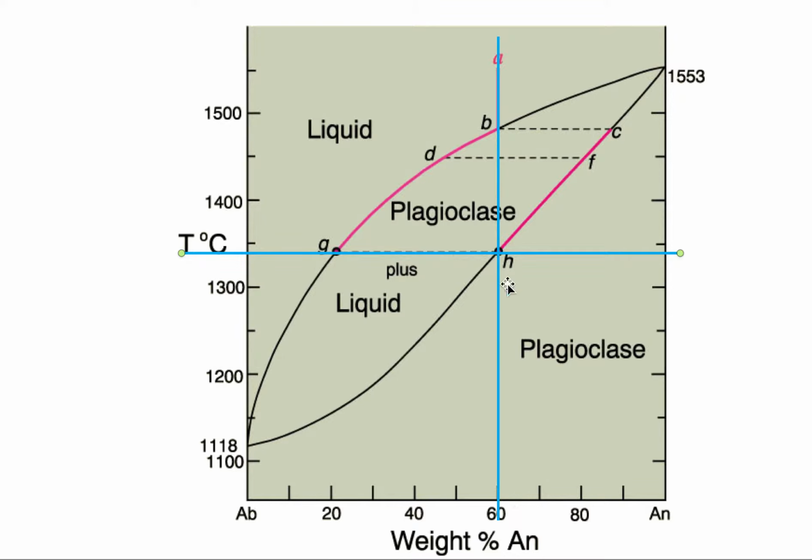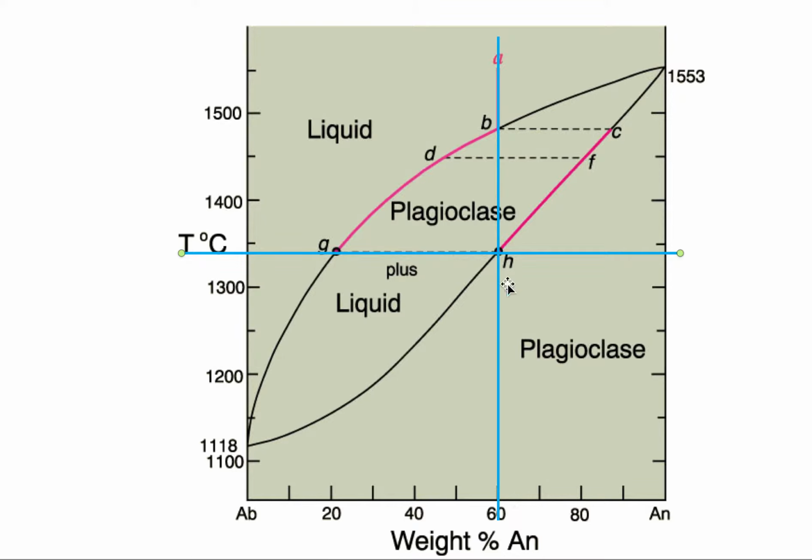As we hit a temperature of about 1340 degrees or so, we're getting just an infinitesimal amount of liquid at G. If we continue increasing the temperature as we go from H to B, so that's the path that the bulk composition will follow, the bulk will increase in temperature from 1330 up to B. At B, it would be completely liquid, so that the system will be completely melted at a temperature of about 1480 degrees centigrade.